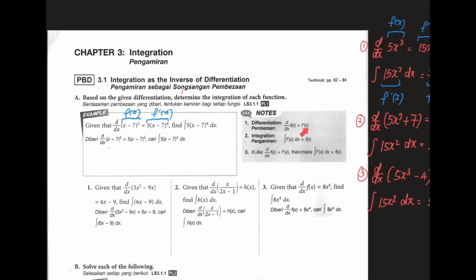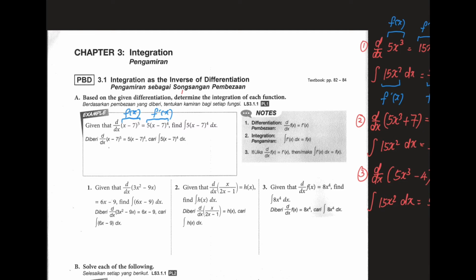After you differentiate, you call it f prime of x. Now integrate 5(x minus 7) to the power of 4. Integrate f prime of x. Based on our formula, when you integrate f prime of x, you will get f(x).